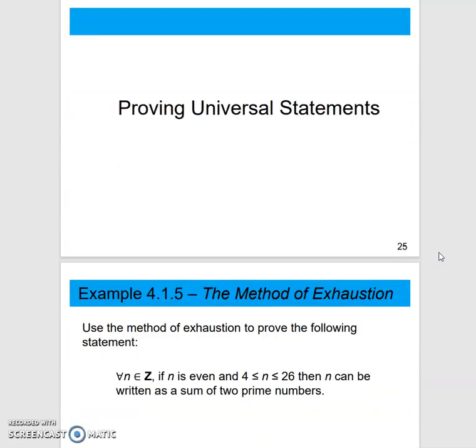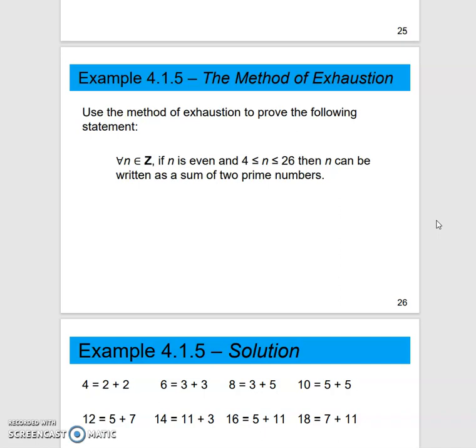Alright, so let's actually look at proving a universal statement. There's a couple methods we can use. The first is called the method of exhaustion, so called because it's exhausting. Now this one, we've got for all integers n, if n is even and is between 4 and 26 inclusive, then it can be written as the sum of two prime numbers.